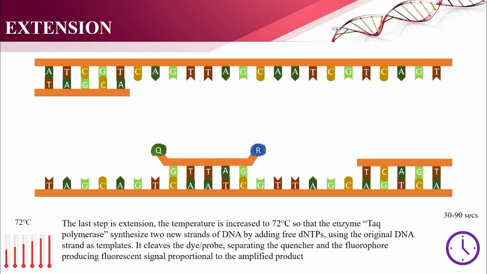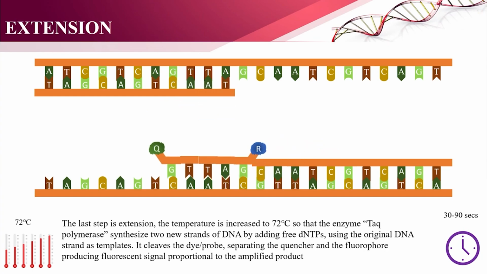The last step is the extension. The temperature is raised to about 72 degrees C, which is optimal for the DNA polymerase enzyme. The polymerase enzyme adds nucleotides to the 3' end of the primer, synthesizing a new strand of DNA complementary to the template strand. Here is the extension.